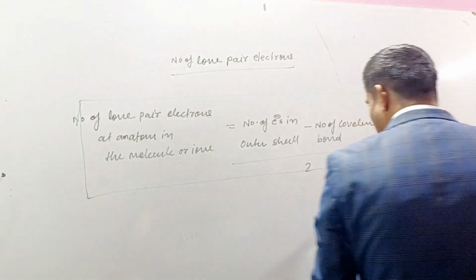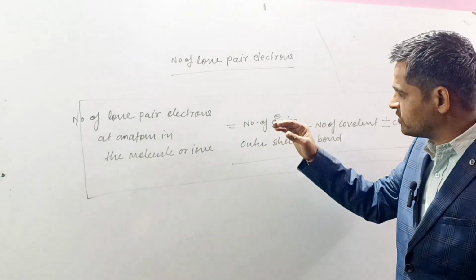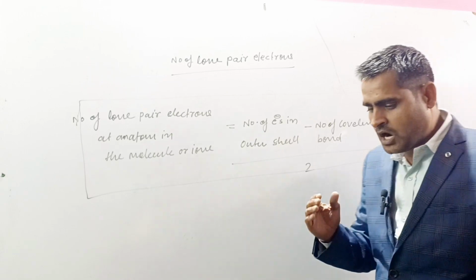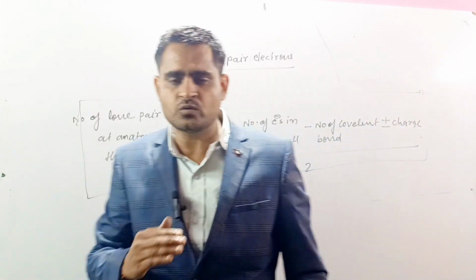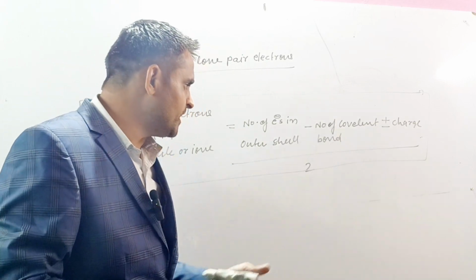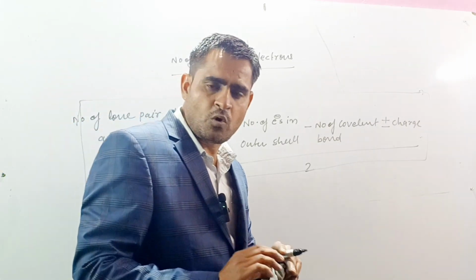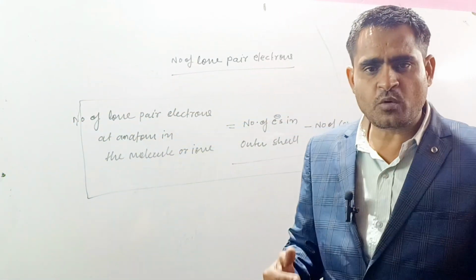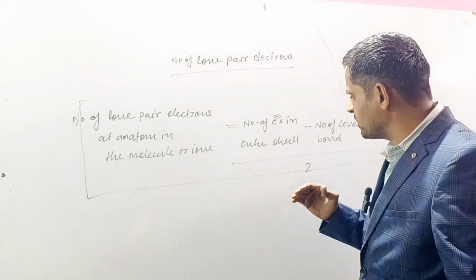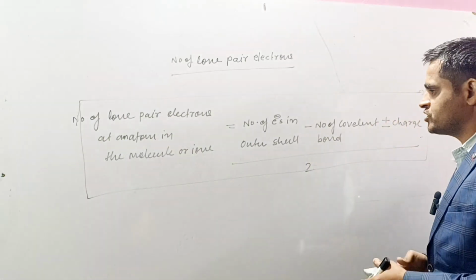So we will apply this formula. Please understand it: number of electrons in the outer shell, meaning how many electrons are found in the outer shell of the atom, and the number of covalent bonds the center atom makes with the other atoms, and plus minus charge.